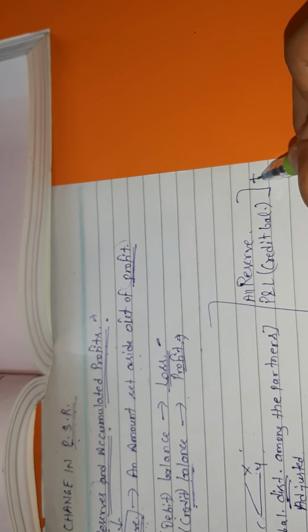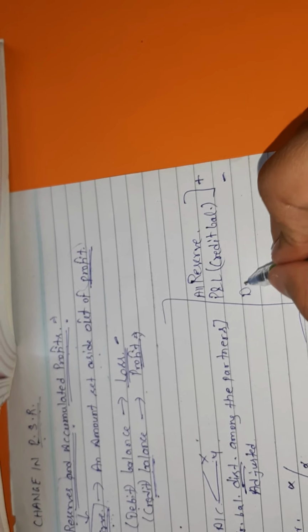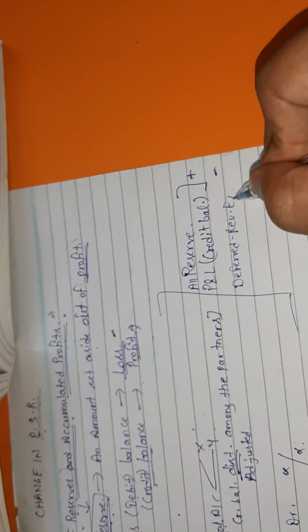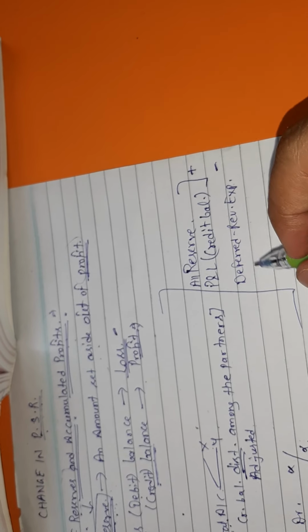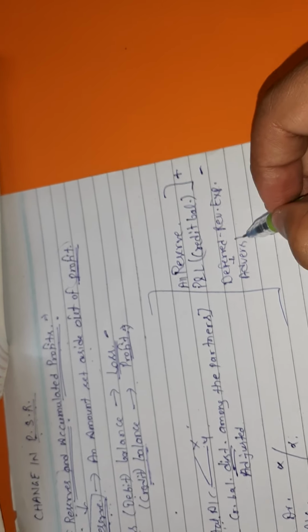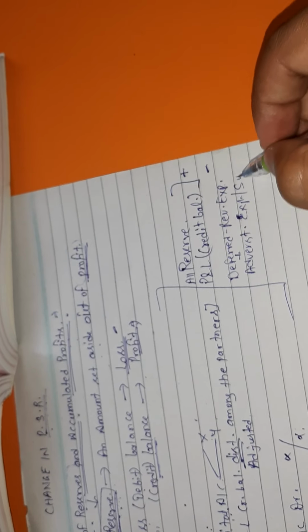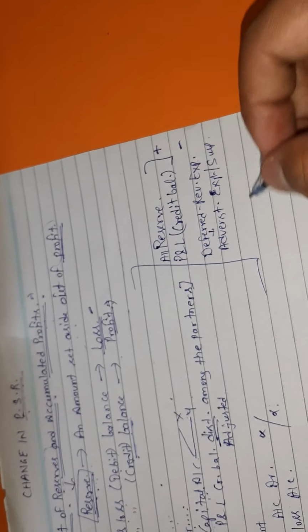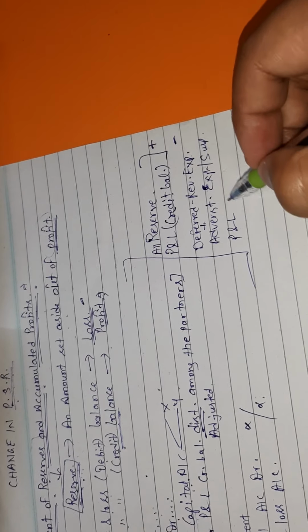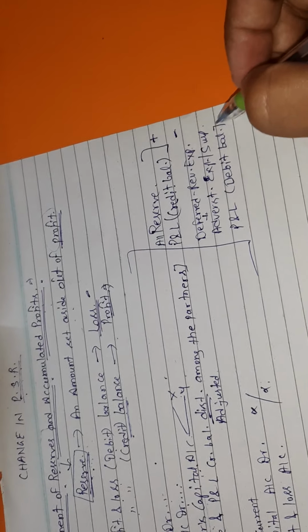You have to add them, and whatever deferred revenue expenditure you have, for example advertisement expense or suspense, any word can be mentioned. Instead of this, sometimes in place of a credit balance we have a debit balance of profit and loss, so we have to adjust them all together.